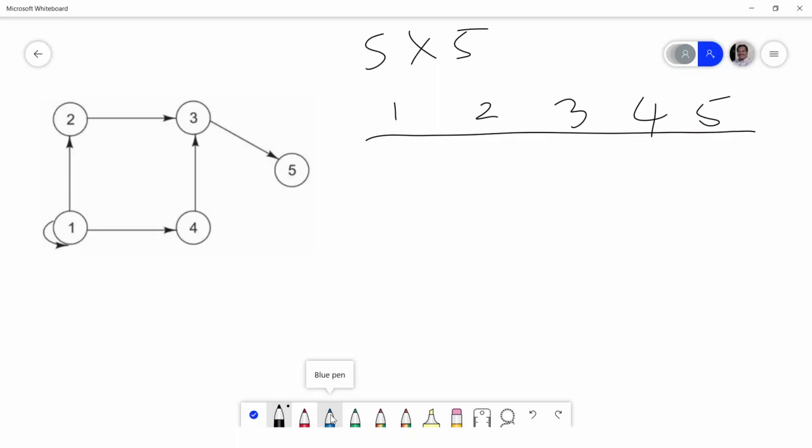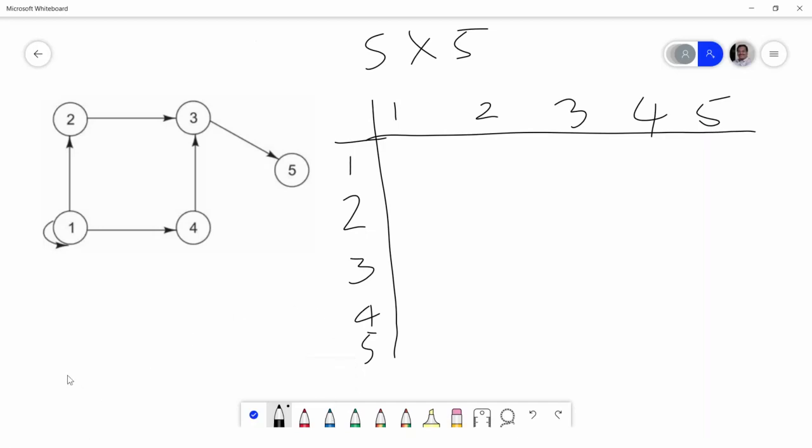On the same side, you write the columns also: 1, 2, 3, 4, and 5. You write the matrix. It is done. It is written.